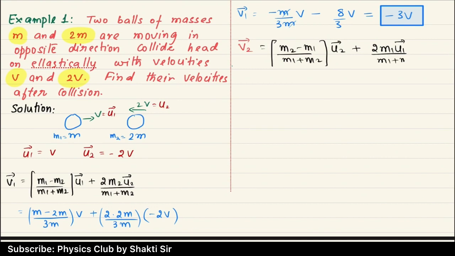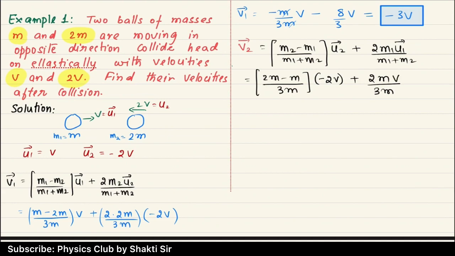Let's put in the values. m2 is 2m minus m divided by 3m, and u2 is negative 2v, plus 2 times m1, which is m, divided by 3m, and u1 is v.